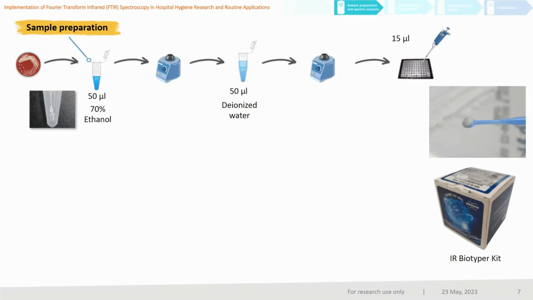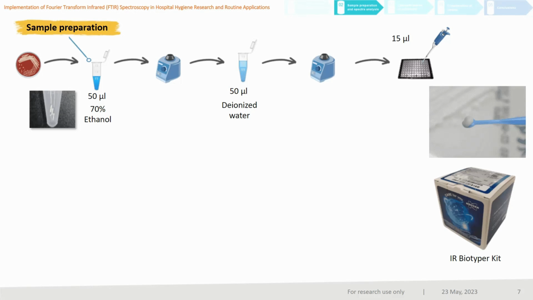First, the amount of bacteria is crucial. It is necessary to obtain an overload loop of 1 microliter. And the second factor is the homogenization. Achieving a complete homogenization is vital in order to avoid failures of the system.